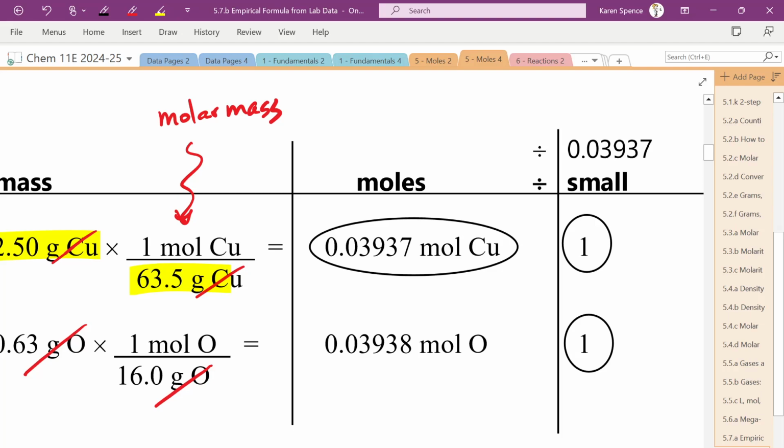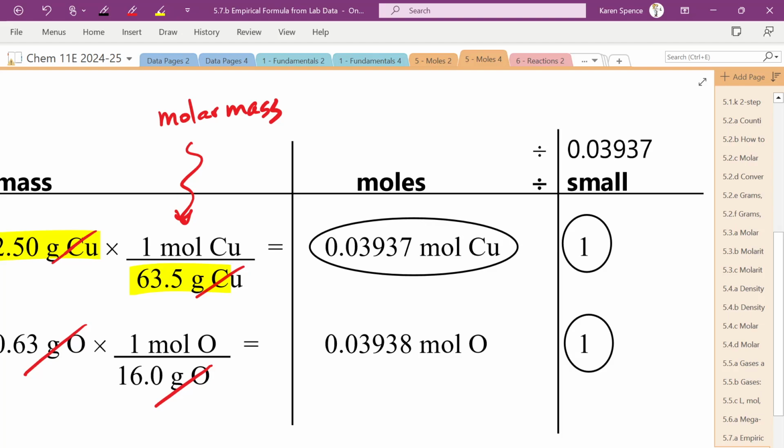And quite frankly, they're close enough to be exactly the same that you could probably stop at this point and just say, my formula must just be, what's the ratio? 1-to-1, so it would just be Cu1O1, which is just CuO, okay? So probably you would not need to show all this work for this one. You could just get to here and say, oh, it's 1-to-1, CuO.